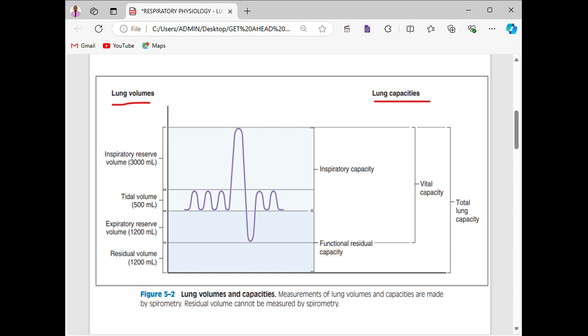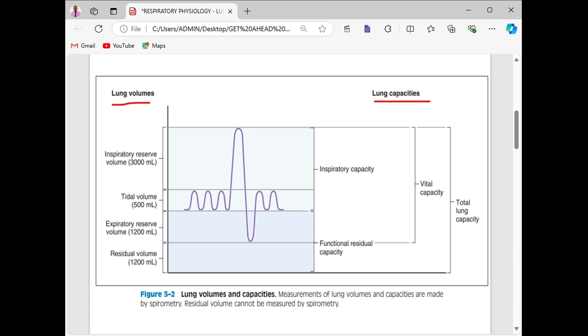When we talk about total lung capacity, by definition, this is just the maximum volume of air in the lungs after maximum inhalation.